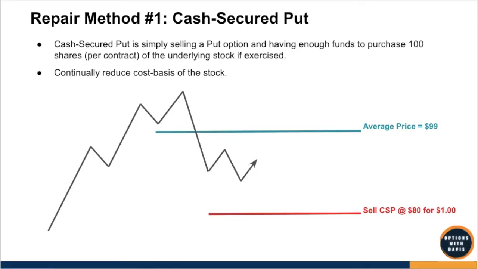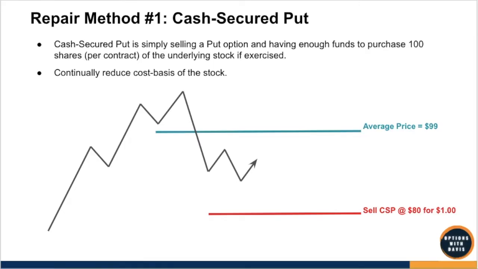Let's say the market starts to move and at expiration date it closes above the strike of 80 on your cash secured put. What happens is that your cash secured put expires worthless. You collect the full $1 and then you can sell another cash secured put at the same strike. Again, maybe you collect $1 in credit.